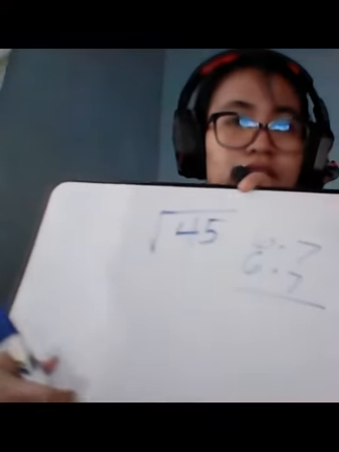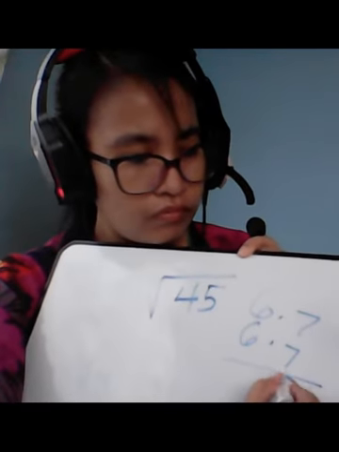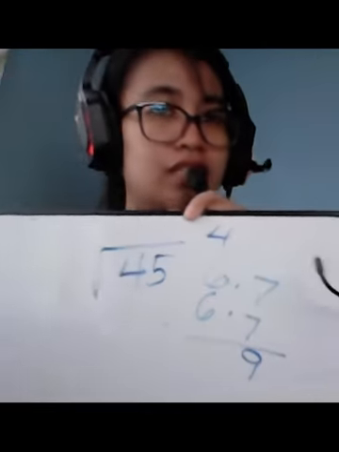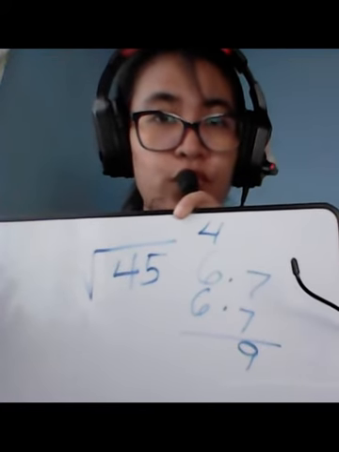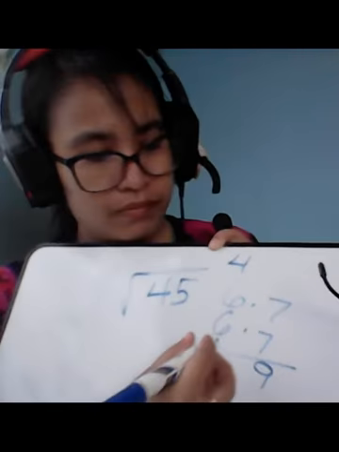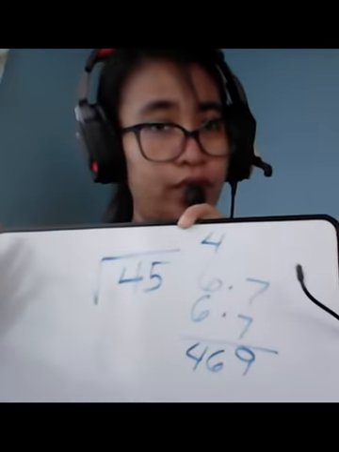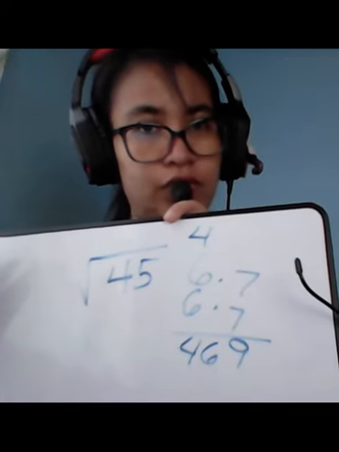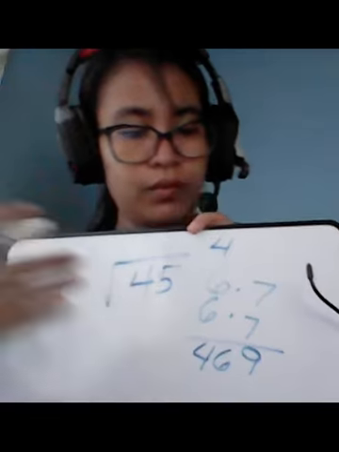So 7 times 7 is 49. 7 times 6 is 42. Plus 4 is 46. So we have 469. And for the last to be multiplied, 6 times 7 is 42.